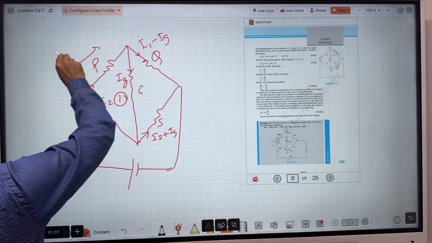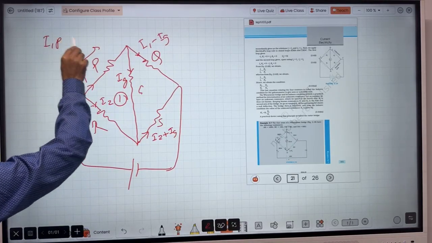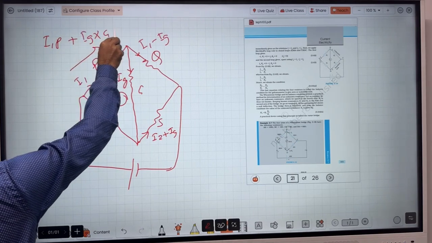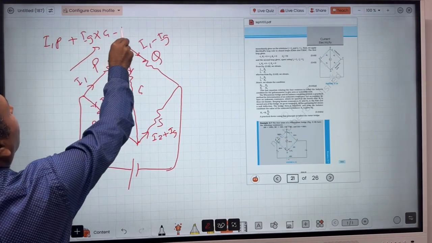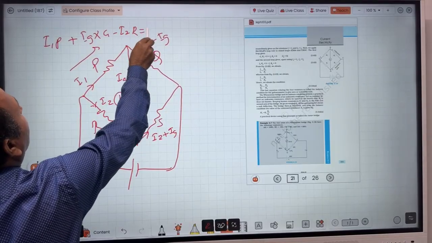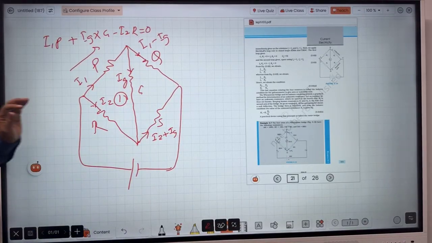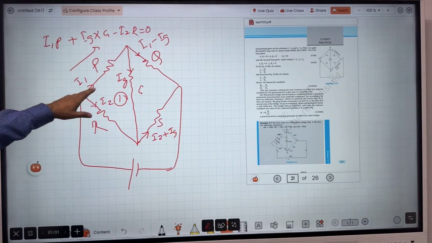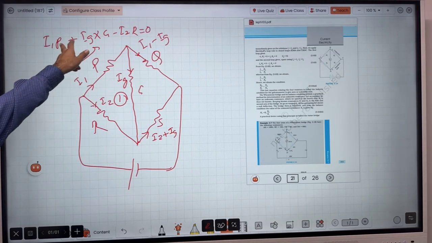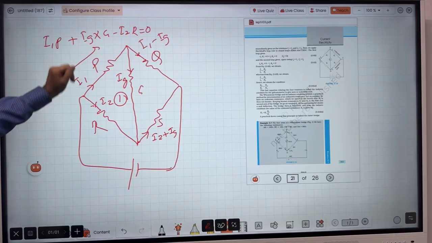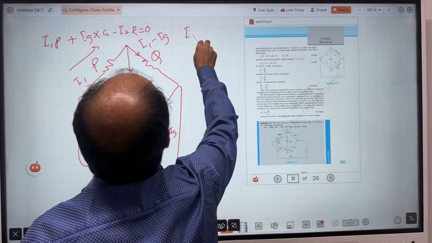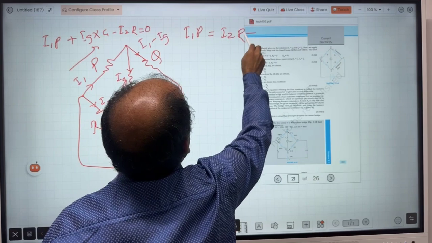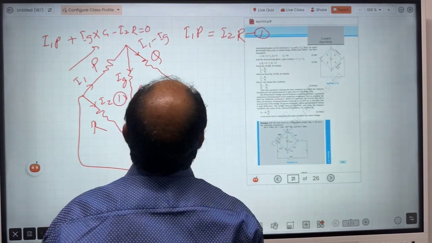If we move like this, we can write I1P plus Ig times G, and then minus I2R equal to 0. This is the first equation. Later on, we will apply the concept that Ig equals 0. When Ig equals 0, this term will vanish and we will get I1P equal to I2R. We take this as equation number 1.